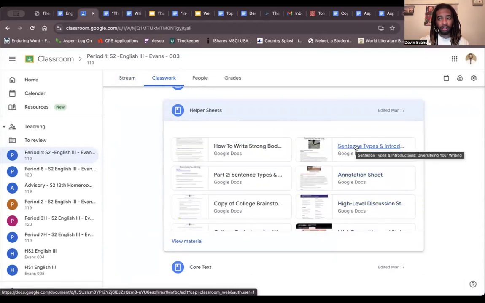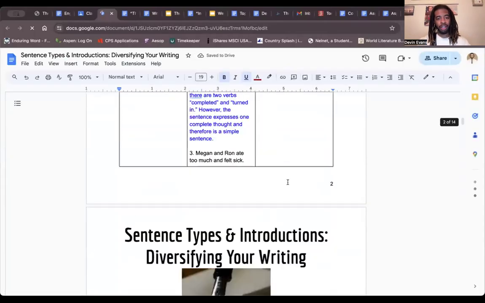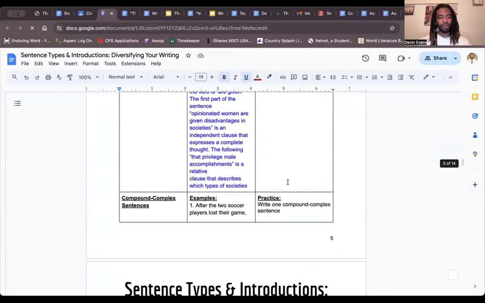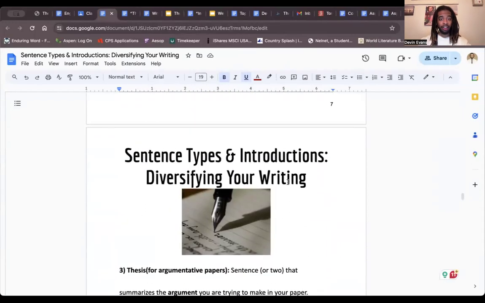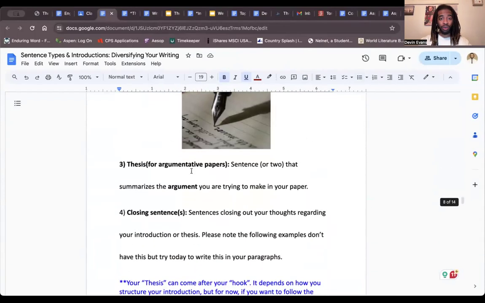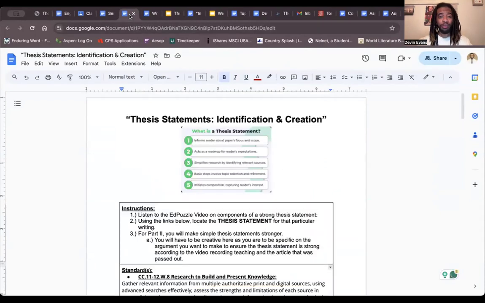I think it's right here. Yep. So we did this, I think, in September of last year. Going all the way down, you see here in our list, number 3 is a thesis statement or sentence. We already covered this last semester, so it should be kind of like review at this point.